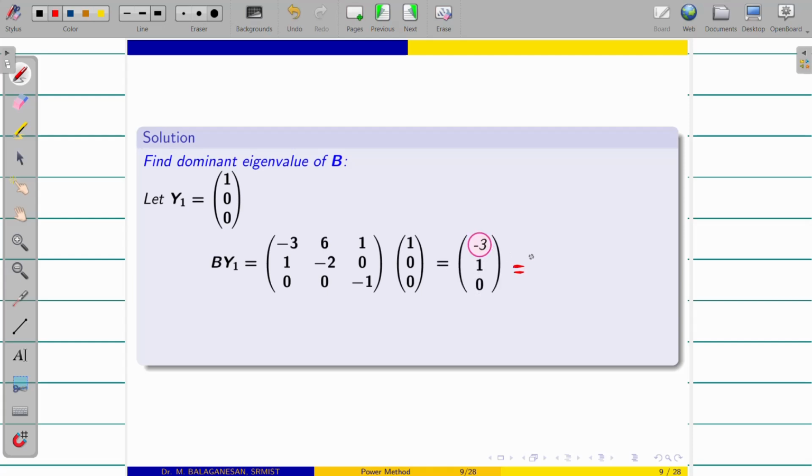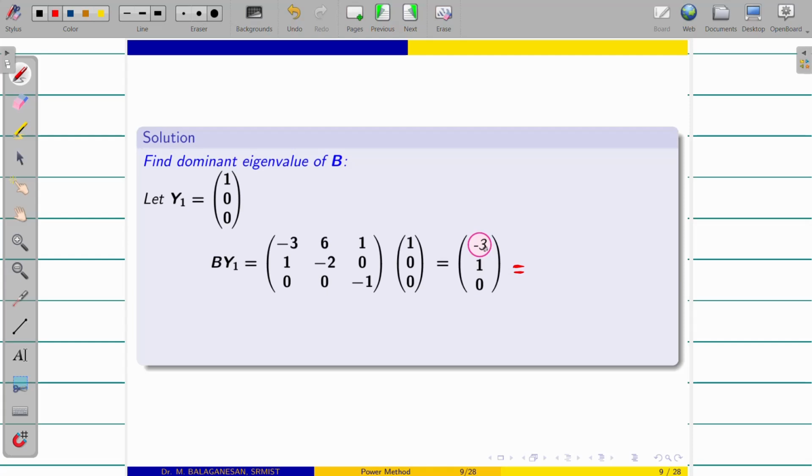So what would it be? Which value do you have to take as common? This is the important place. In the previous problems, the total positive value was taken as the largest value, so you won't get any confusion. But what about now? Minus 3, 1, 0. What is the largest value? Simply, if you want to say, it is 1. But as I told you already, here we have to take the numerically largest value. So what is numerically largest?